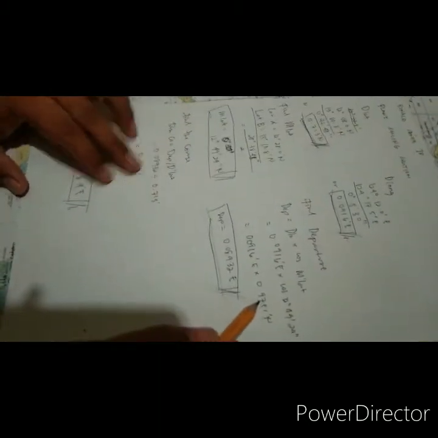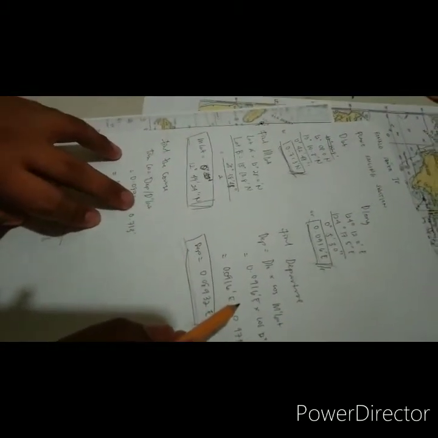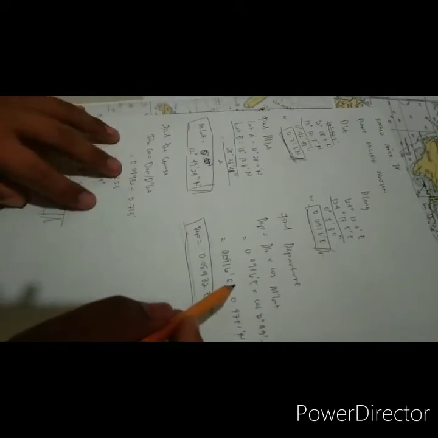After that, we must find the course from waypoint 4 to waypoint 5. Our formula is tangent course equals departure divided by DLAT.